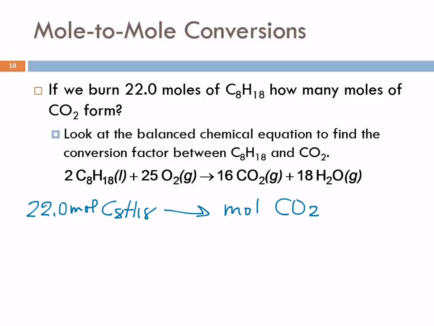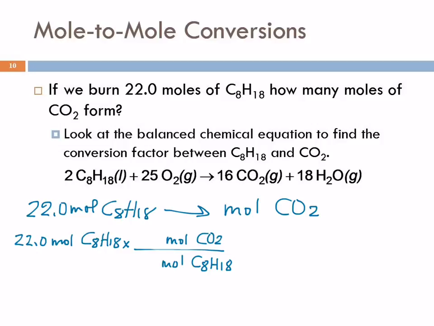Conversion between any two reactants or products is just 1 step from the chemical equation. 22 moles of C8H18. And in these problems, it's really important to write moles of what? So on the top, I want moles of CO2, because that's what I'm trying to figure out. On the bottom, I want moles of C8H18, because that's what I'm going to derive.